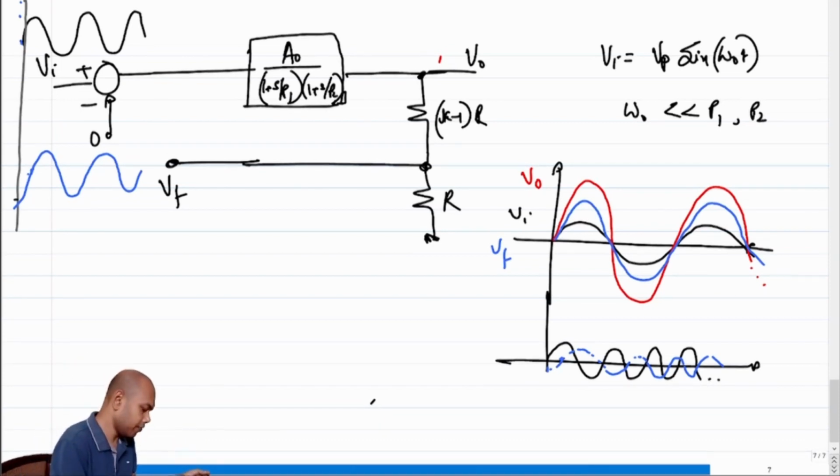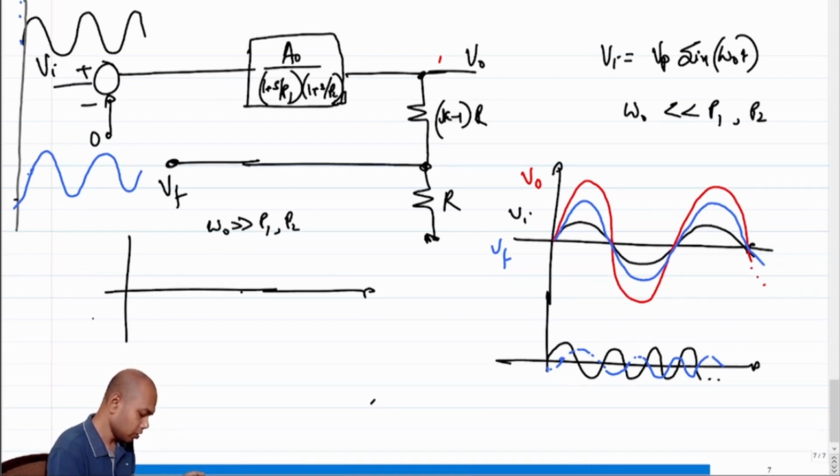So essentially, at frequencies far higher than omega naught, much greater than P1, P2, if the input is something like this, your output will probably be 180 degrees delayed.